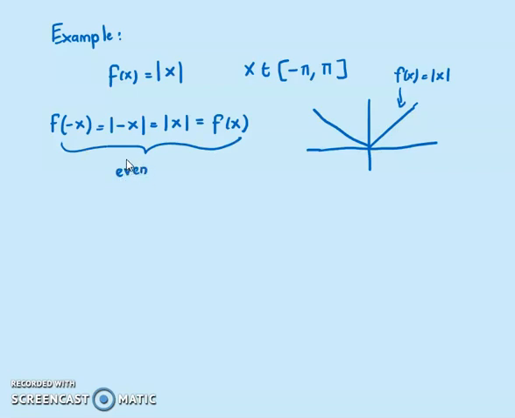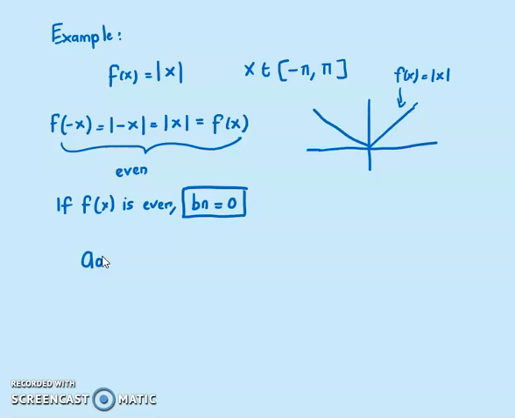Now my f is even, so automatically we know that b_n equals 0. Now all we want to find is a naught and a_n.